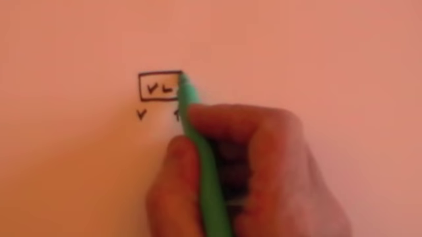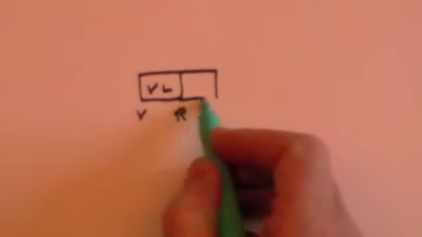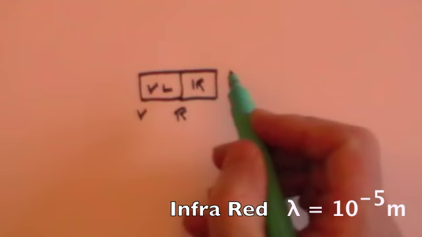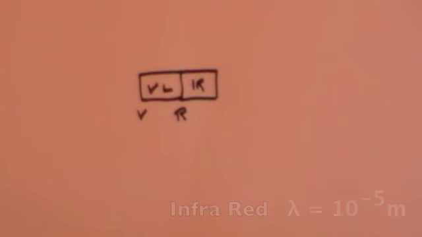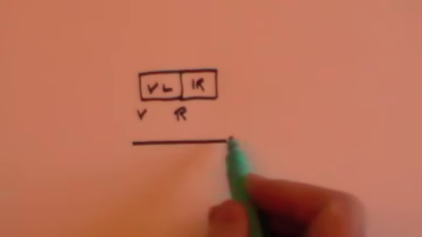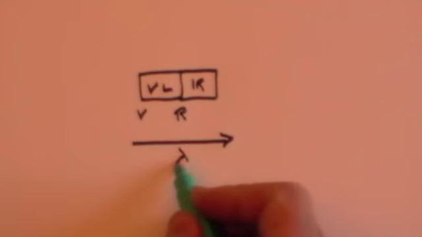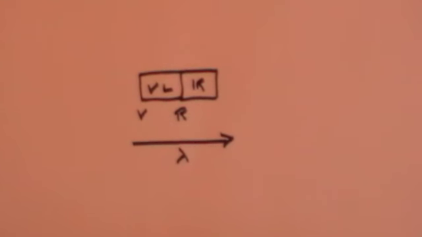If we go beyond the red, we get to what's called infrared. And the difference between infrared and visible light is that infrared has a longer wavelength. In other words, as I move in this direction, the wavelength lambda is increasing. So infrared, longer wavelength than visible light.